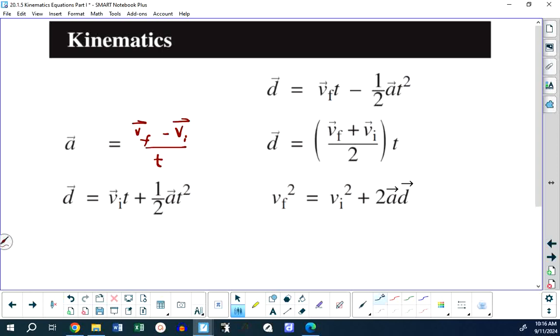But there's an error on your formula sheet, and I brought it to the attention of people at Alberta Education before, and we've had healthy discussions about it, and we disagree. Okay? On your formula sheet, there are no vector symbols over the A and D in this formula. And I'm going to just say it. That's wrong. If you don't include those vector symbols, there are going to be physics problems that you do that you will get the incorrect answer. Okay?